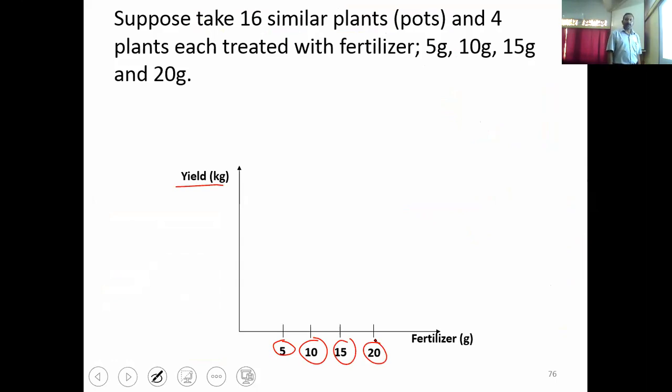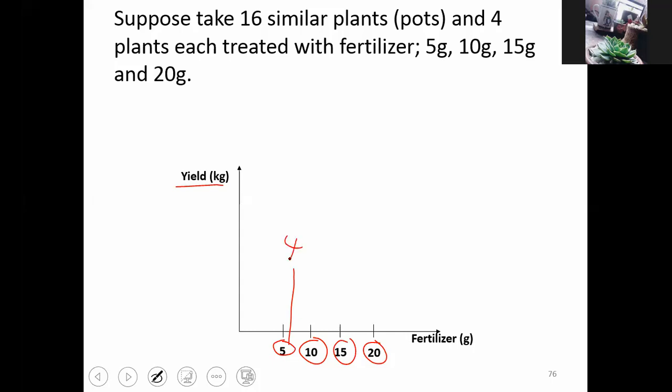How many pots have been treated with 5 grams? 4 pots. Again, 4 pots treated with 10 grams, 4 pots with 15 grams, and another 4 pots with 20 grams, because we have 16 pots. Initially, all these pots are the same.